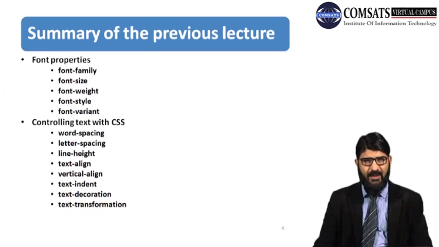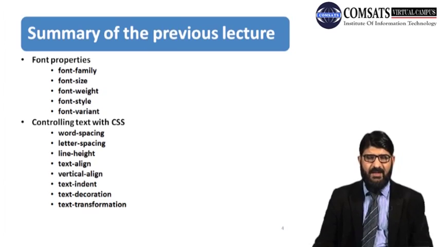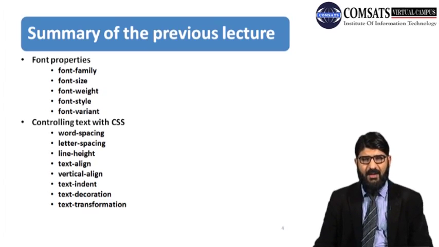After the font properties, we have discussed text controlling with CSS, and we have seen different selectors and declarations with respect to text. Selector is basically that particular web element which you want to control, and you can control it with different properties.